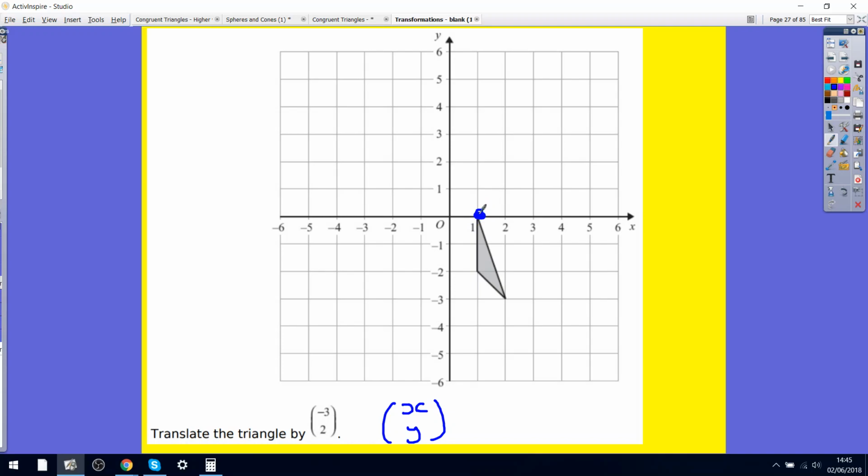Yeah, that's it. So it would go 3 left to -2 and then up 2.